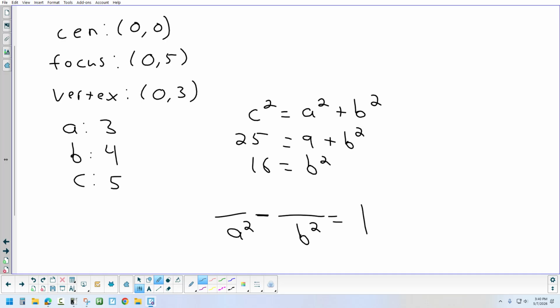Is it always the x minus y, or does it switch? It can switch. It could be the x first or it could be the y first. But we have to figure that out somehow using these points. So what could we do with all these points?